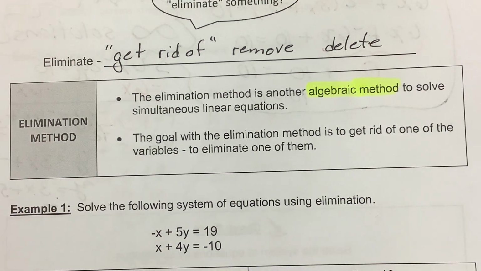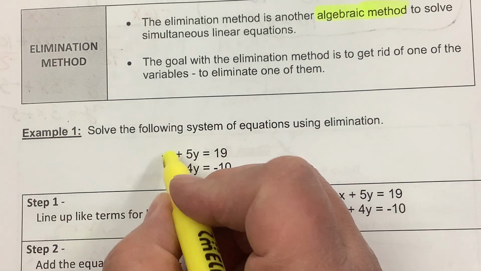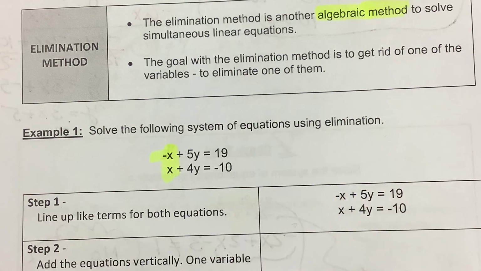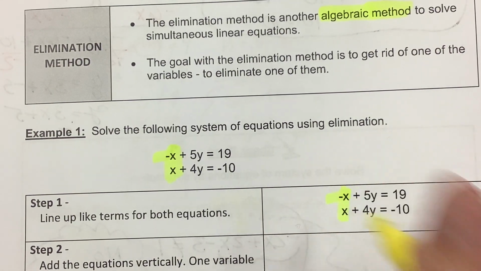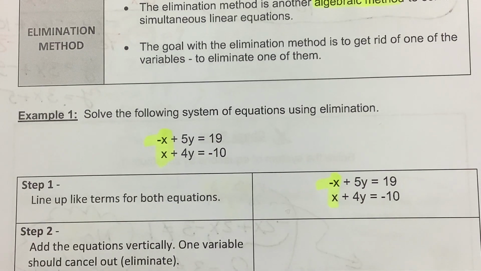And in order to do that, you have to have the same variables lined up and opposite signs. In other words, I have x, one is negative, one is positive. You need to have the same variables, i.e. x and y, but one of them has to have the same coefficient and a different sign.